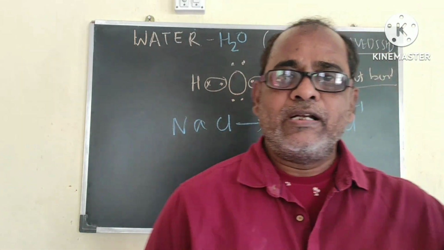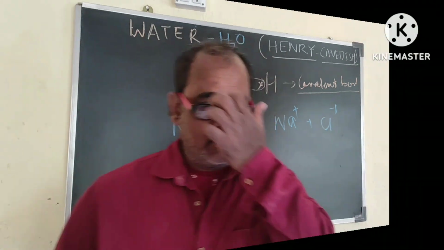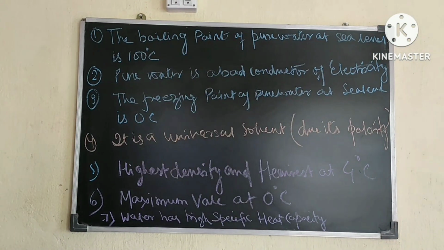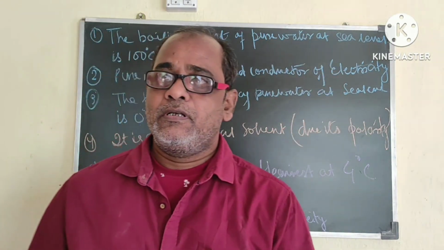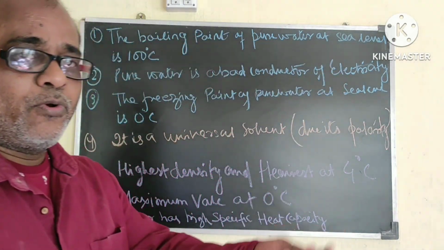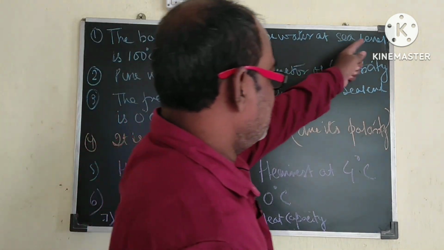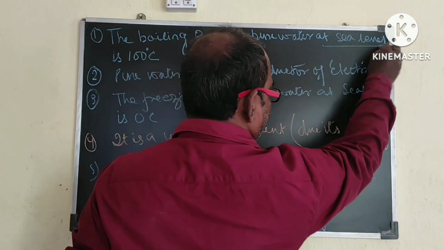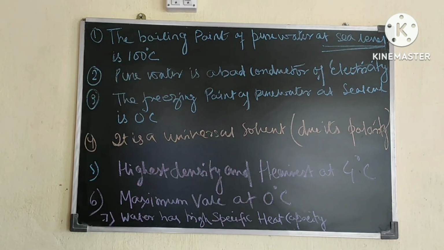Next we'll try to find out the different physical properties of water. Okay, now a few properties are written on the board which I have already discussed with you. Again I am going to tell you that the boiling point of pure water at sea level, you must write down sea level, is 100 degrees Celsius.